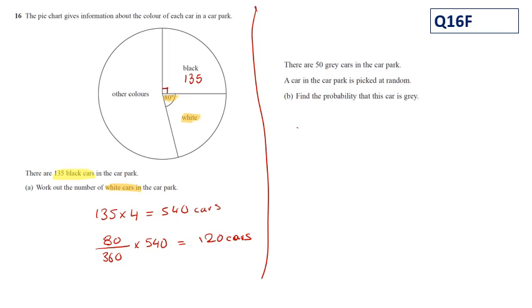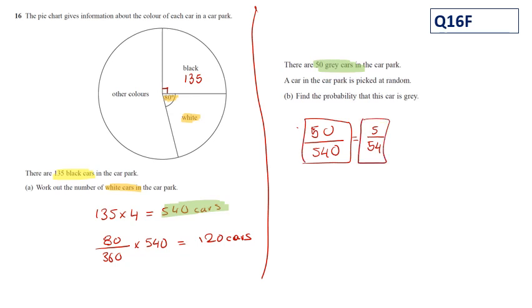Okay, so if there's 50 grey cars in the car park, out of a total of 540 cars, the probability of picking a grey car is going to be 50 over 540, and we can leave the answer as 50 over 540, or we can type it into a calculator to simplify the answer, and if we do that, we'll end up with an answer of 5 over 54. Either answer is acceptable.